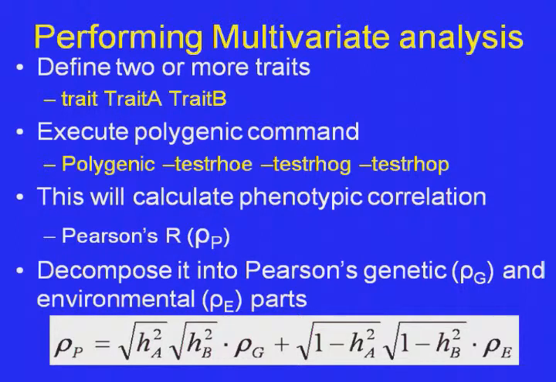What this will do is it will calculate phenotypic correlation, which is basically Pearson R, and in our notation it's going to be known as raw P, and then decompose it into 2 Pearson correlation coefficients, and that's Pearson genetic raw G and environmental Pearson environmental raw E parts.